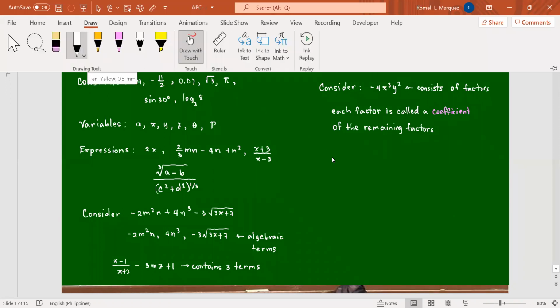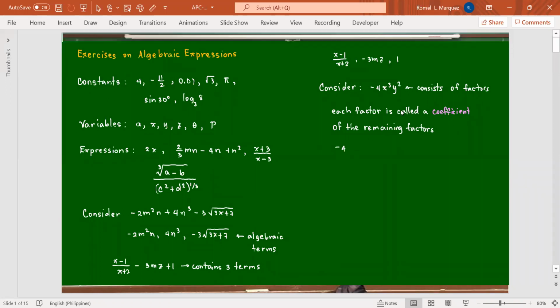Okay, so we call negative 4 in this product the numerical coefficient. Okay, guys? What about the remaining x cubed y squared?